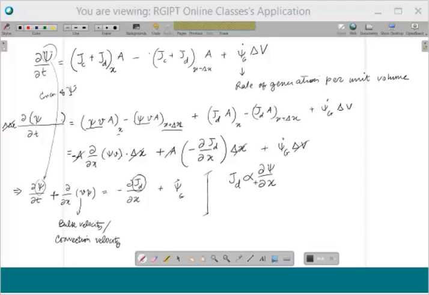The gradient of psi. And the constant of proportionality, let's give it a general name, delta, with a minus sign.